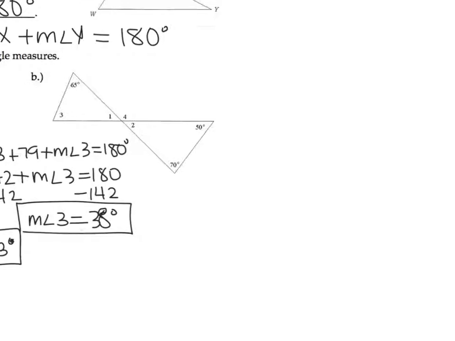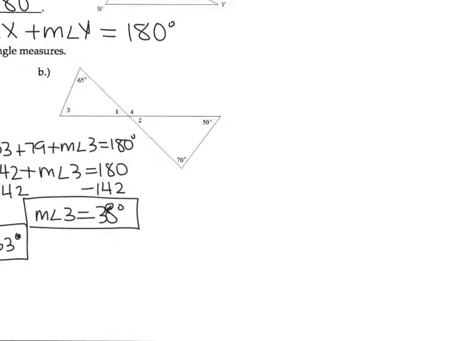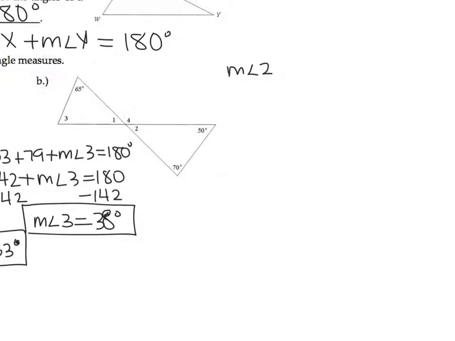In our second picture, we need to solve for 4 angles. The easiest angle to solve for first is angle 2, since we know 2 out of the 3 angles. So we know the measure of angle 2 plus 50 plus 70 equals 180. 50 plus 70 is 120.